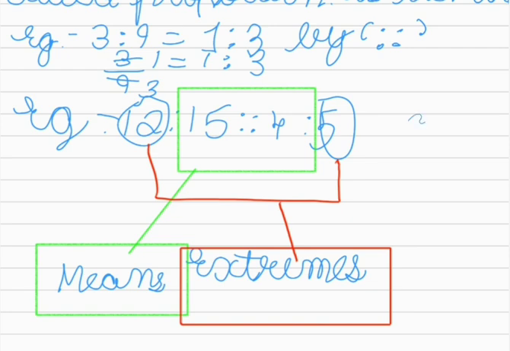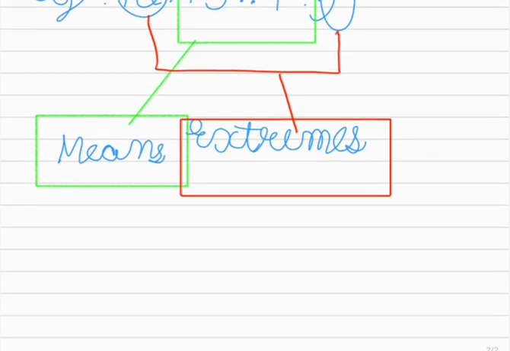So there is a formula to check if the ratios are equal or not, and they are in proportion or not.